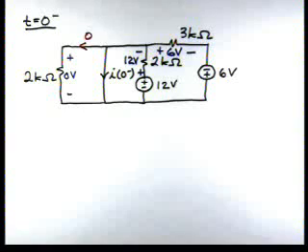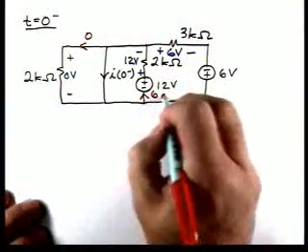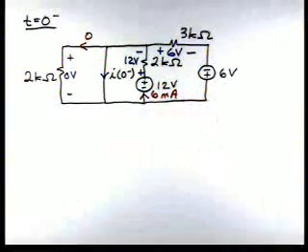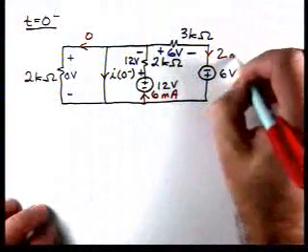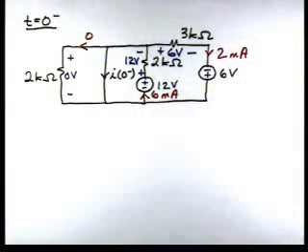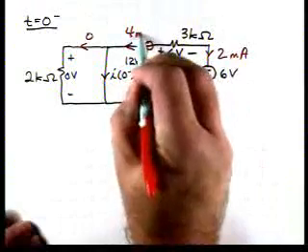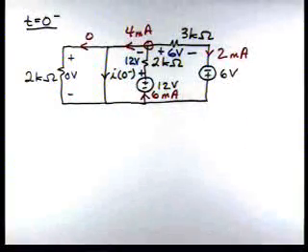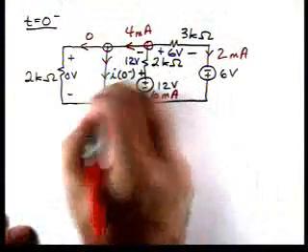Now, as a result, that says there's 6 milliamps of current in that direction. There's 2 milliamps of current in that direction. So if I apply KCL, that says the current in that direction has to be 4. And if I apply KCL again, that says that this current is 4.